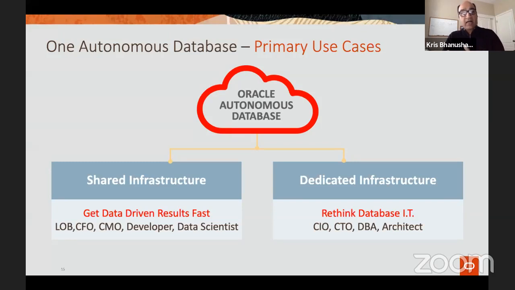And I'll show you how IT can actually become a service provider within their own organization using this dedicated infrastructure service. And this is key. This is where CIOs and CTOs can strategically think about how they're going to manage databases going forward and leverage a sort of private cloud that they have control of, that is not shared with other customers, or a line of business.